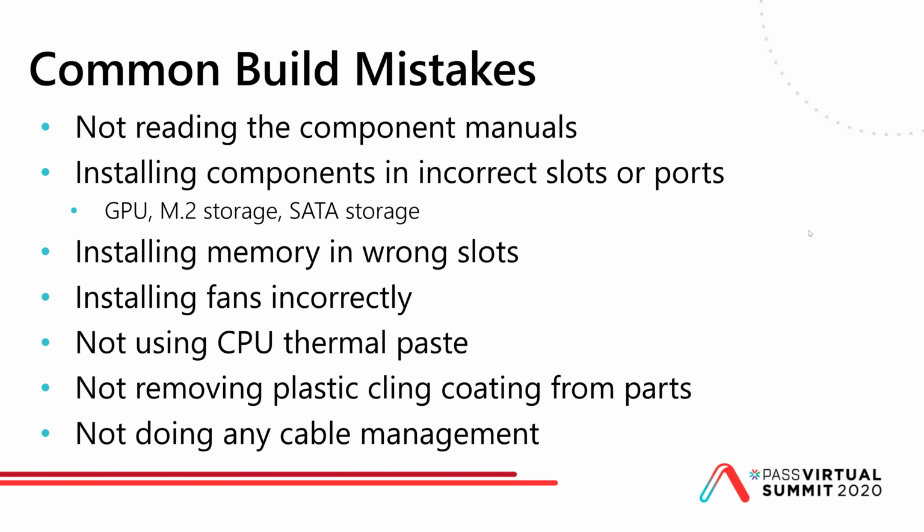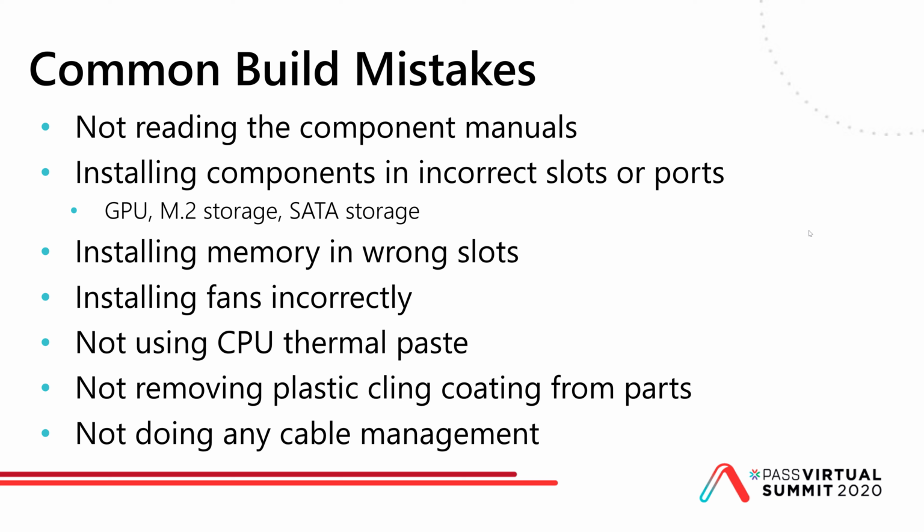A few things that I see very often when people build systems is not reading the manuals, in particular the motherboard manual and the manual for the case. Then it's very common to install some of the components in incorrect slots or ports. For example, putting the video card into one of the PCIe slots that's furthest away from the CPU instead of the one next to the CPU.